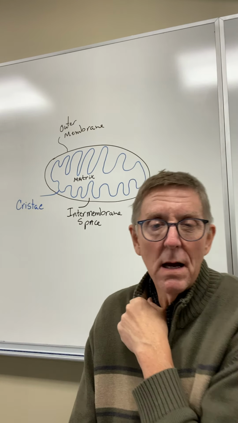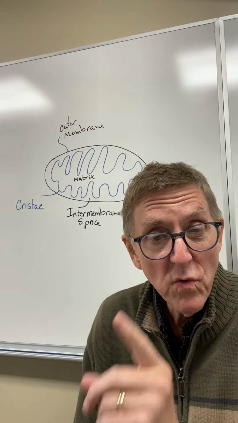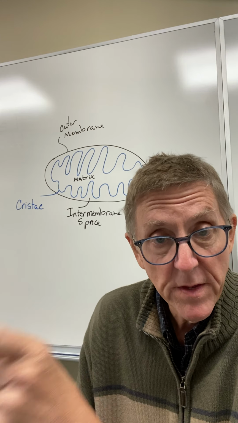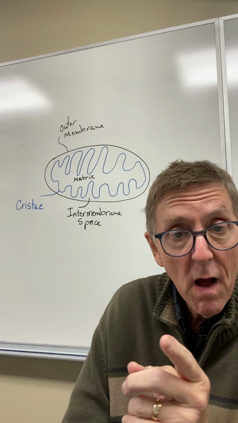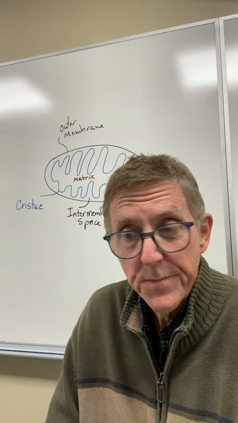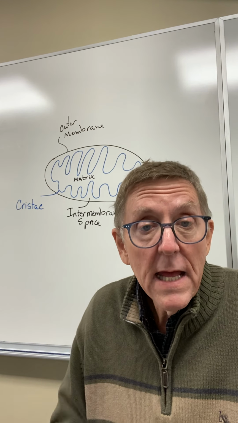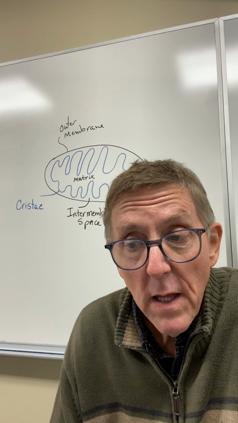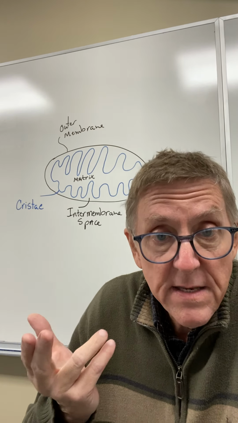So we're going to learn them now, but you're going to use this understanding later this semester when we talk in a little more detail about this process of aerobic respiration. That is the process of converting the energy stored in macromolecules into cellular usable energy, ATP.